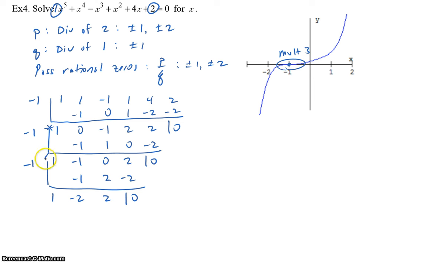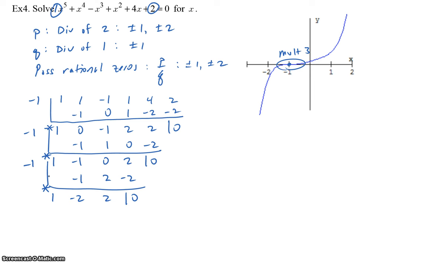The next quotient should have a degree 1 less than the previous quotient, so that should be 3rd degree. And the next quotient should have degree 1 less than the previous one. That would be 2nd degree. In other words, what we have at this point is a quadratic factor, a 2nd degree factor at the bottom.